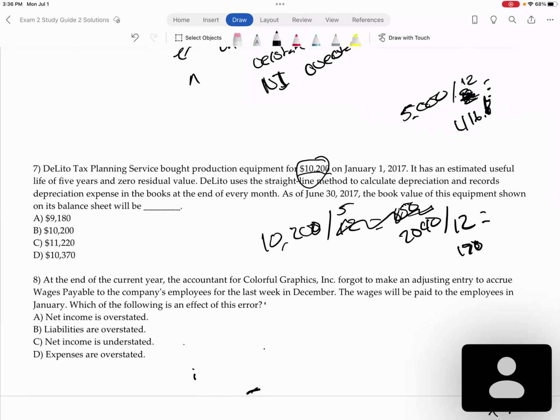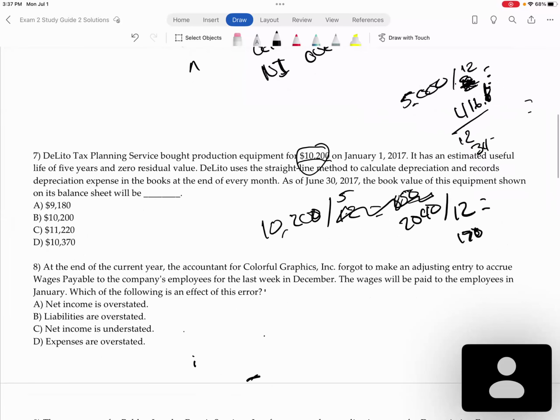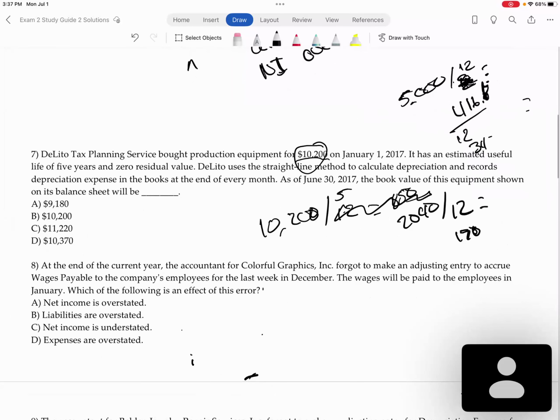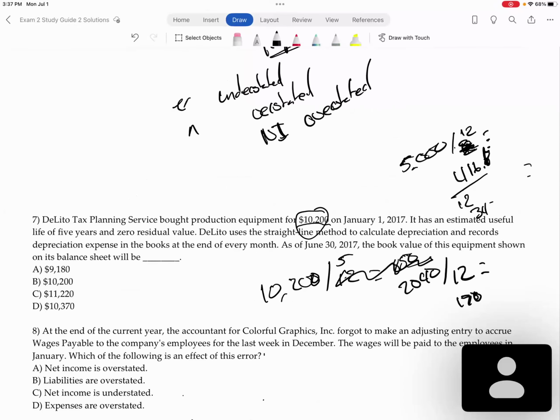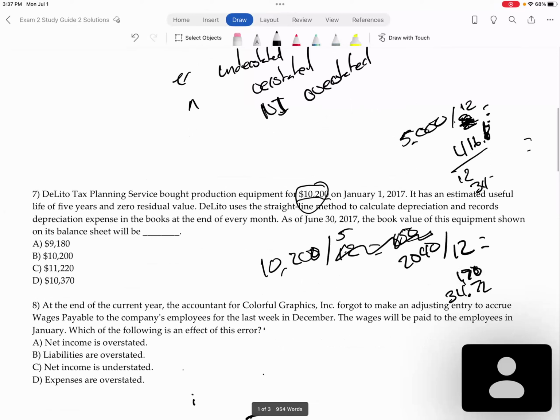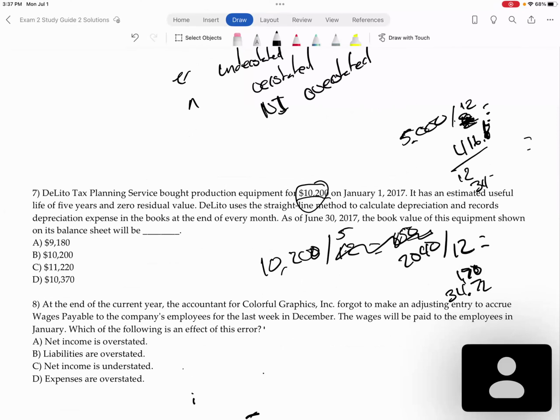Okay, 416.67, and then you would divide that by 12 again to get the monthly. That gives you 34.72. Okay, and then you would just add all of those up to get the amount of depreciation expense per month for the company.